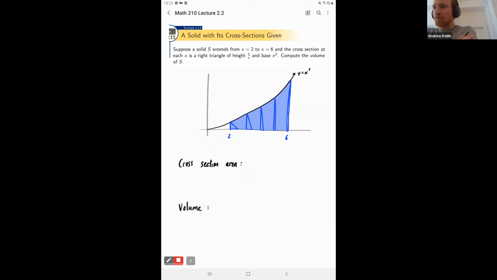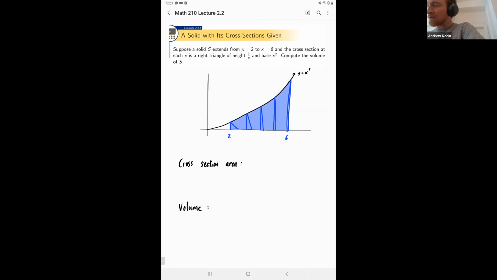So I've already drawn my artist's rendition of what's going on here. I didn't read the problem yet, but we have a solid S, a three-dimensional shape that we line up along the x-axis running from x equals 2 to x equals 6, and slice with cross sections perpendicular to the x-axis. So my slices are vertical here.